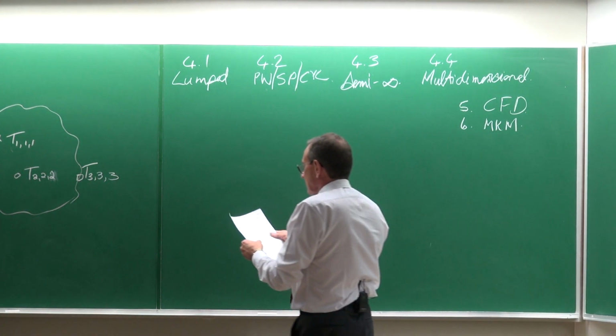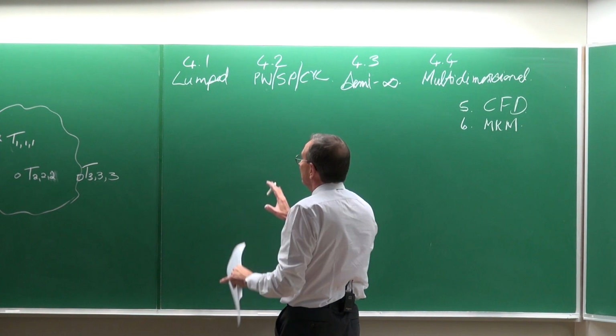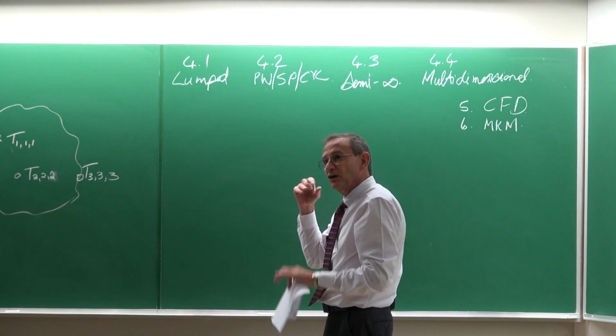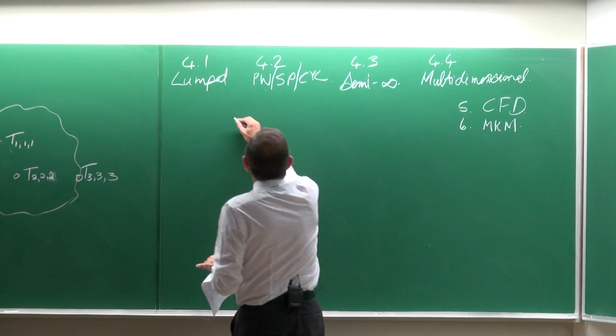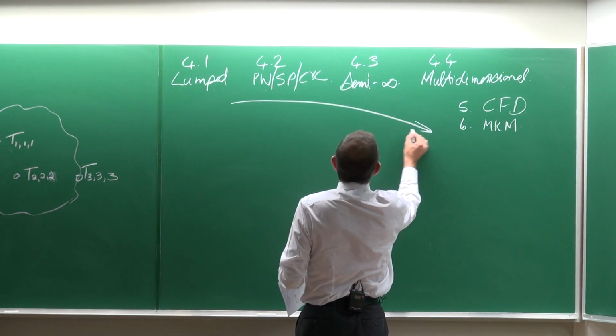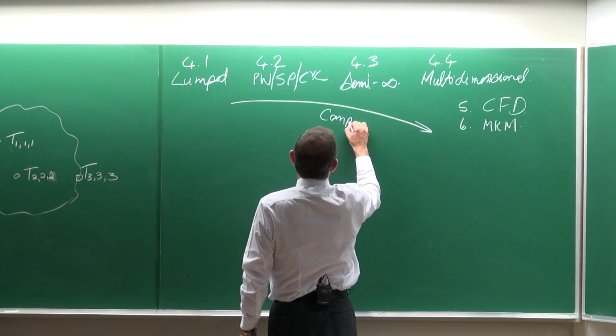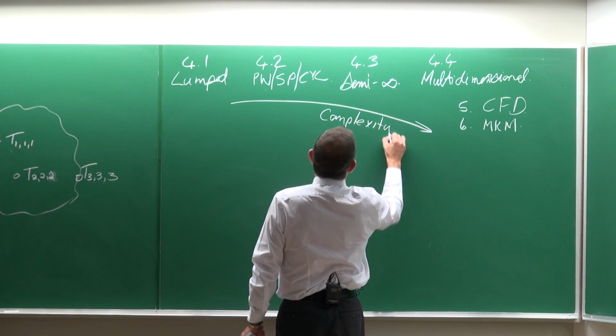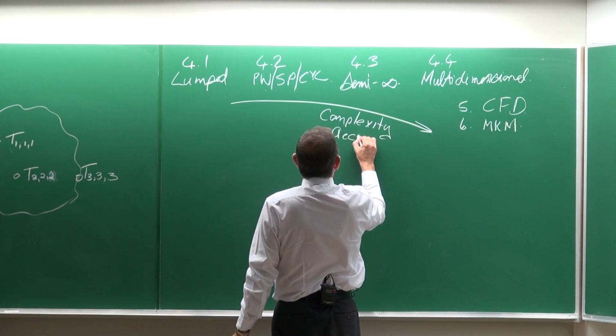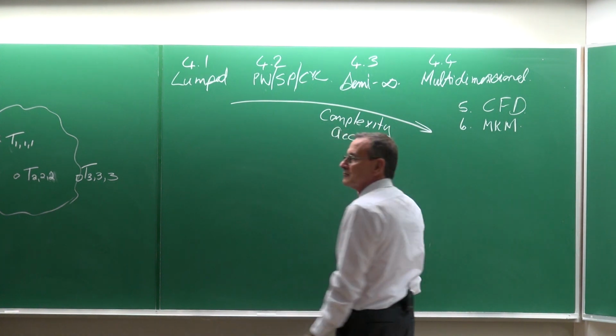Now, what is very, very important, and students usually find it very difficult to understand, is that, of course, the complexity is increasing in this direction. The complexity, and in general, also the accuracy. Okay.